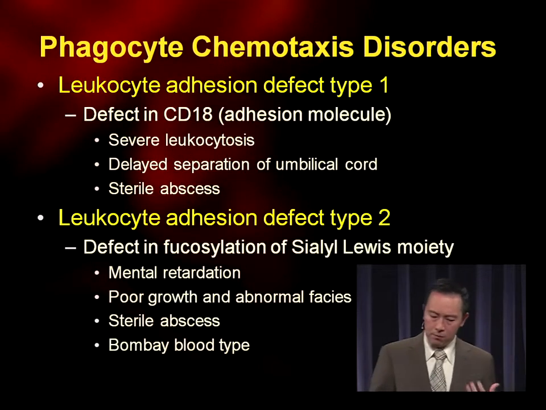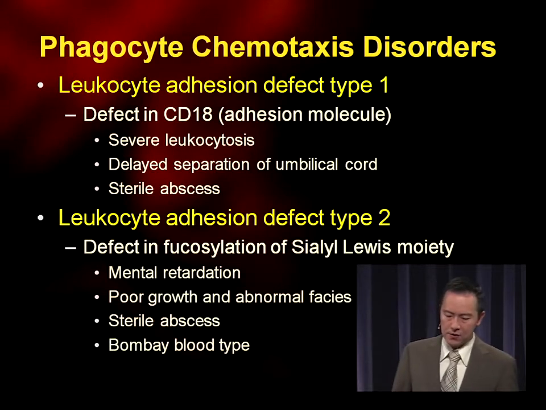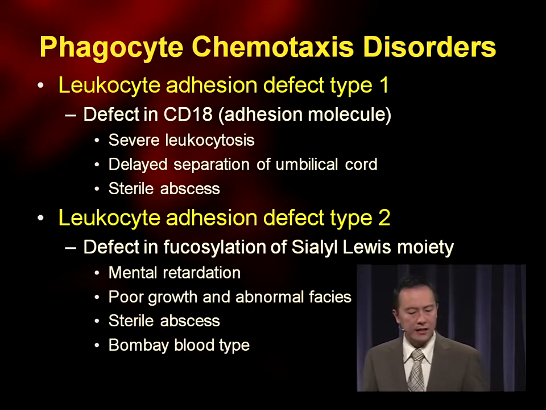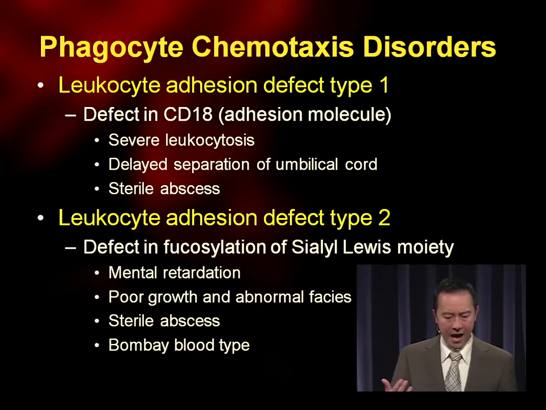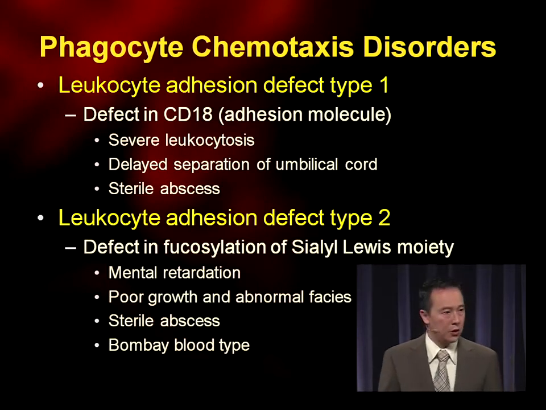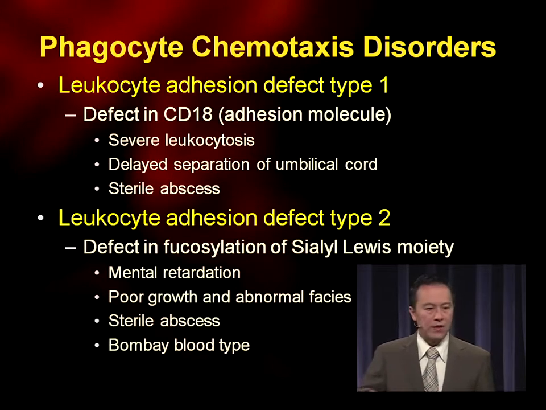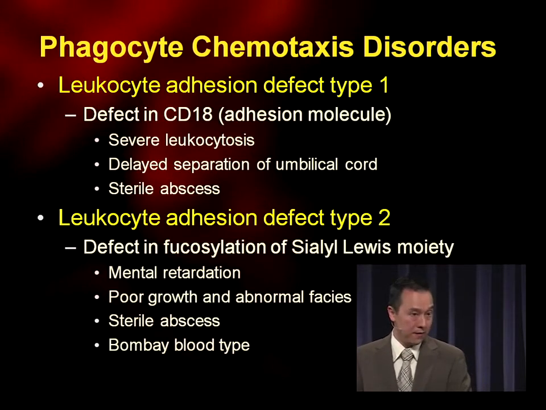Now, phagocyte chemotaxis disorders. There's LAD1 and LAD2, extremely rare, but the boards really love this question, all right? What happens in these patients is that there is a defect in something called CD18. It's an adhesion molecule that allows neutrophils to roll and stop and then migrate to the area of infection.